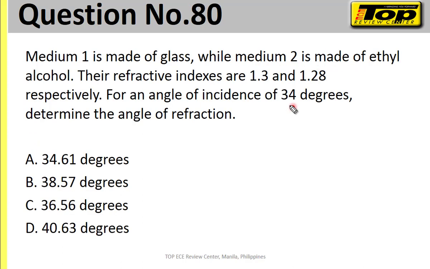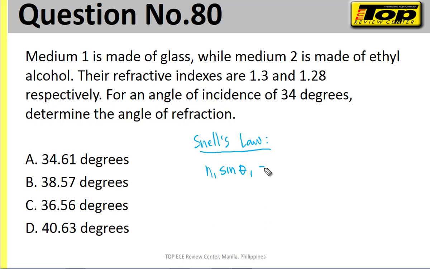Alright? Okay, number 80. Medium 1 is made of glass while medium 2 is made of ethyl alcohol. Their refractive indices are 1.3 and 1.28 respectively. For an angle of incidence of 34 degrees, determine the angle of refraction. So what is our angle of refraction? And this can be solved using Snell's Law. Right? And in Snell's Law, what does it say? N1 sine theta 1 equals N2 sine theta 2. What we are looking for is theta 2, which is the angle of refraction.